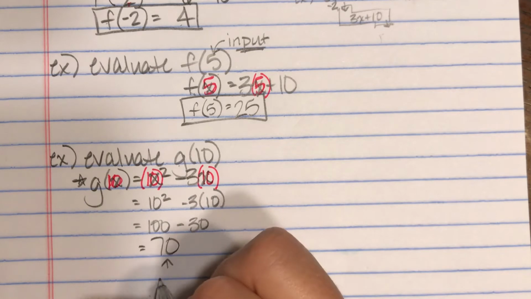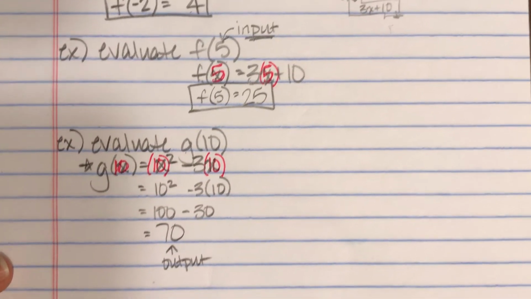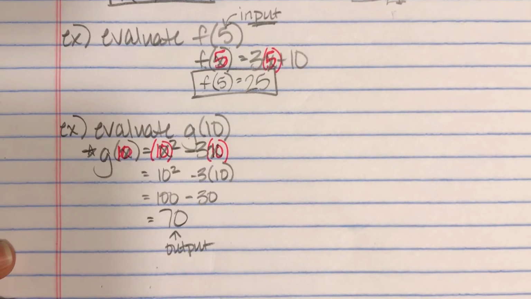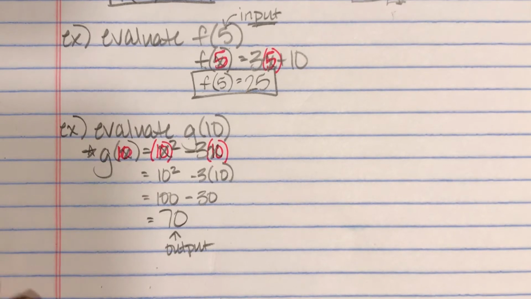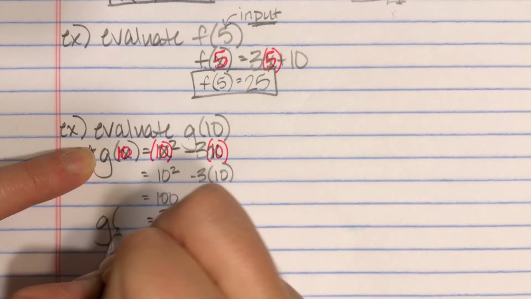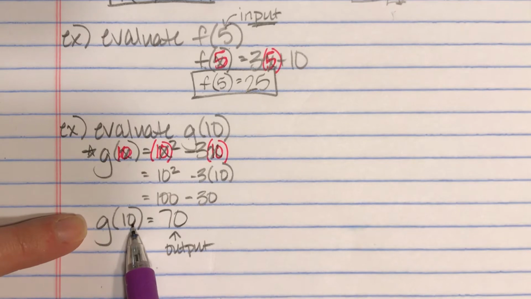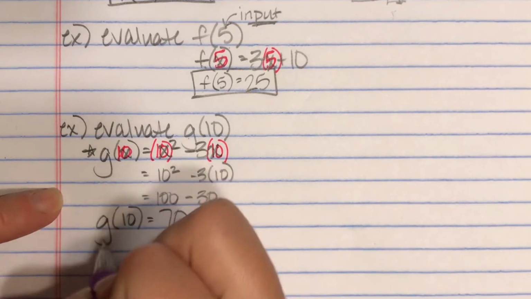The output value is 70, but to truly tell the entire story, I need to tell the answer person, whoever I'm telling this to, which formula I used. So I used the g formula and I plugged in a 10, and when I used the g formula and plugged in a 10, I got a 70 out as the output.